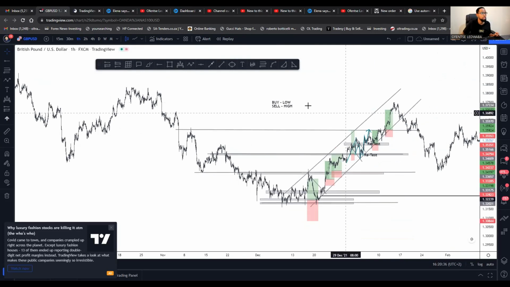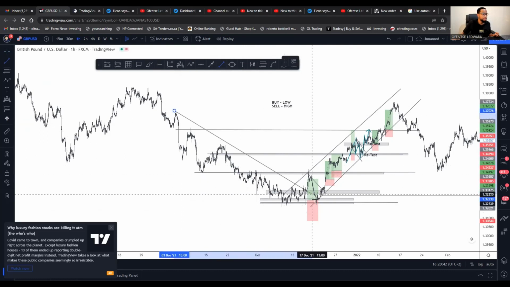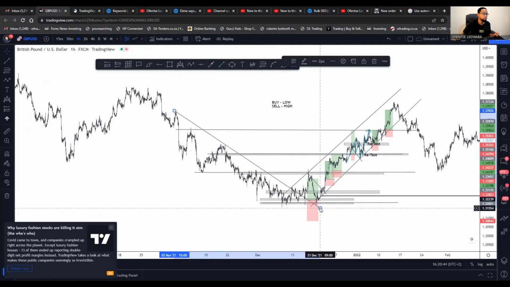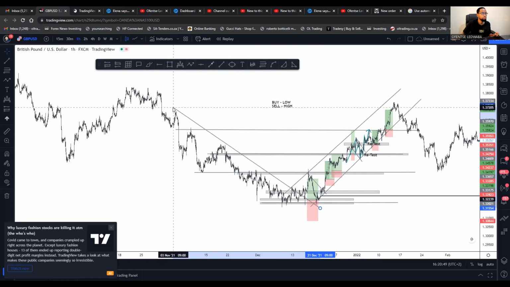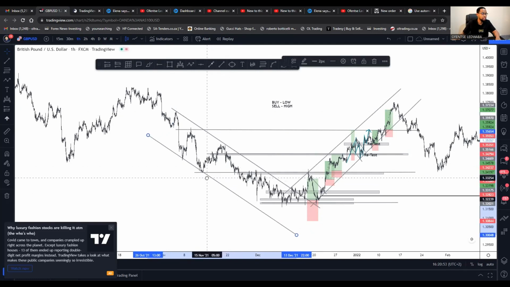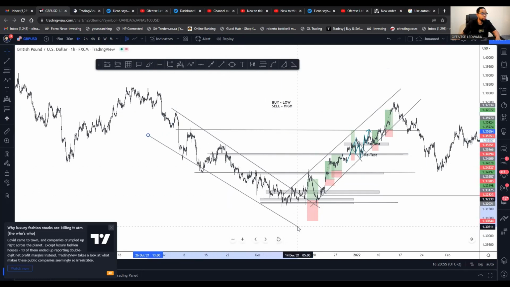cater for most. So here you would have seen that we are going up, coming from here. This was a downtrend that confirmed our bullish movement.